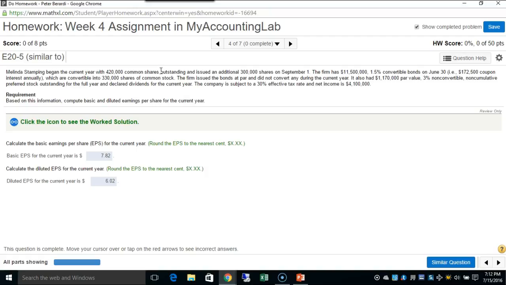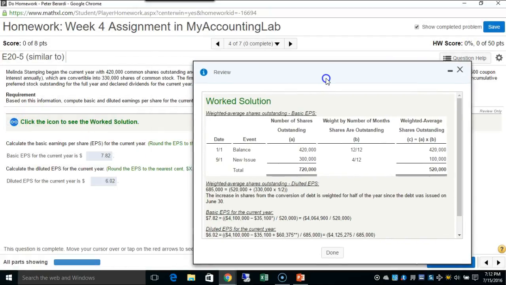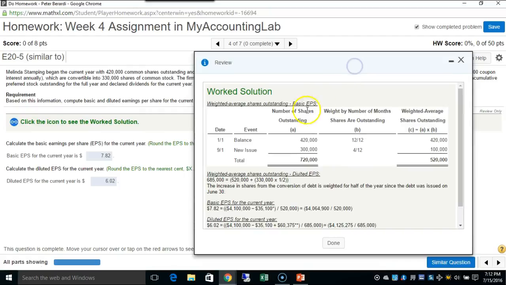So 300,000 times 4 divided by 12 will be your weighted average shares for your basic earnings per share denominator. So here it is. The 420,000, all of it is considered weighted average. The 300,000, 4/12 of it is considered weighted average. So your denominator for your basic earnings per share will be 520,000.